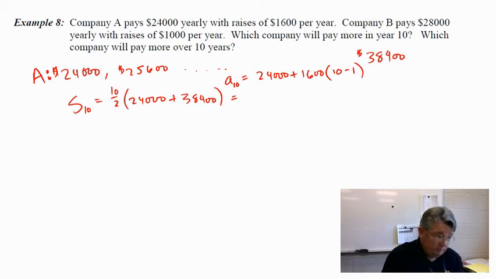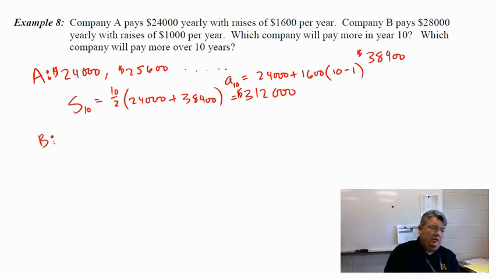And that gives me something. I'm typing in my calculator. I get $312,000. So their total package compensation for 10 years is $312,000.